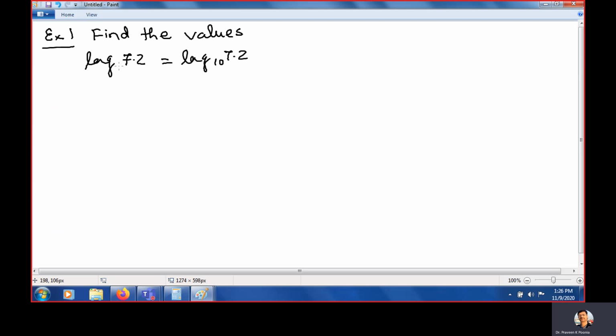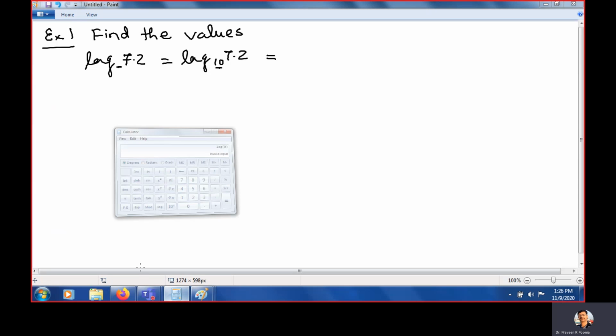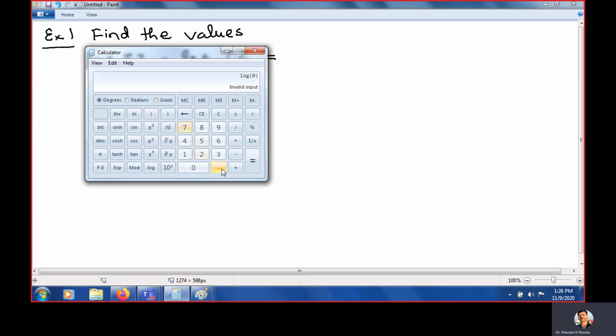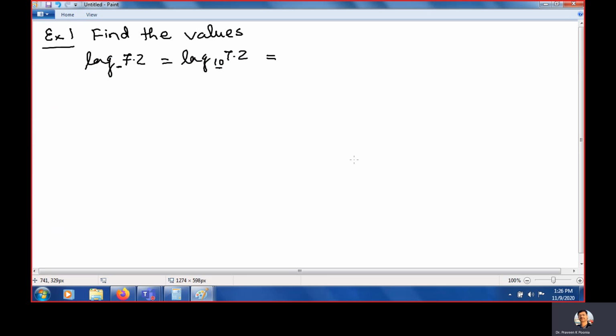If nothing is written, it means base 10. Please remember, if nothing is written, it is base 10. So first we clear the calculator, write 7.2 and press log. So it will be 0.8573. Generally after the decimal we choose 4 places.